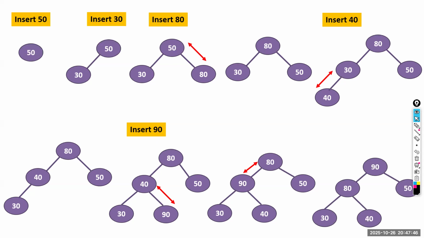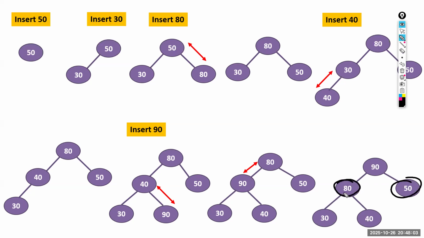And you keep doing like that. The only thing is it must be sorted from top to bottom. You don't need to worry about whether this is 80 and this is 50. Of course, 80 is bigger than 50, but you don't need to worry about that. That is a binary search tree, where you go from left to right sorted.